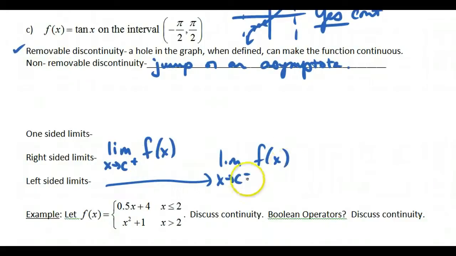And so this is the right-sided limit, this is the left-sided limit. The negative is after the value. It gets a little confusing if your c value is, for instance, -2, x approaches -2, negative. Oh, well, just think of that as being the left-sided limit. Okay, so that helps you with the left. And this one is the right.